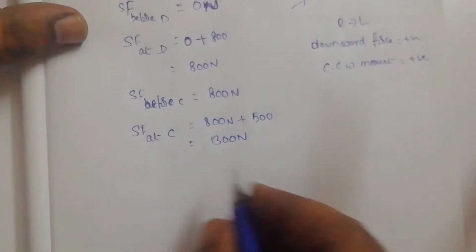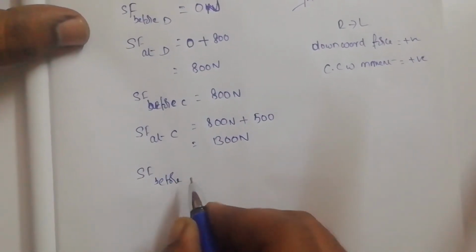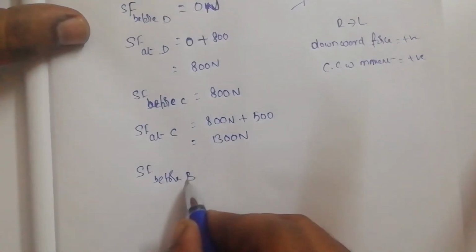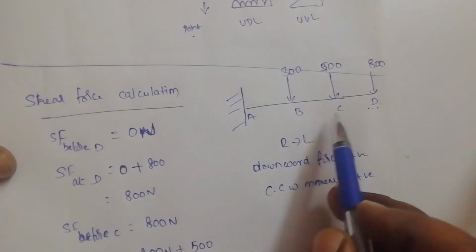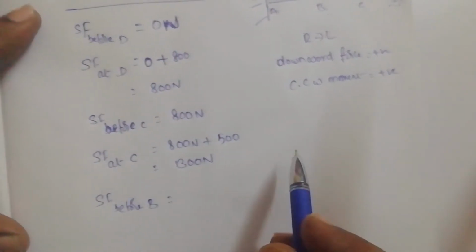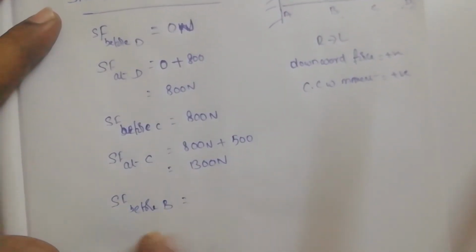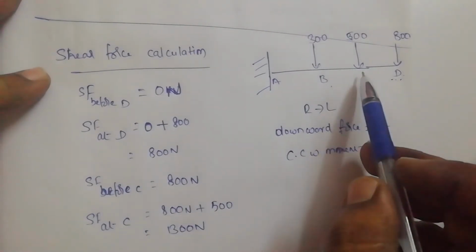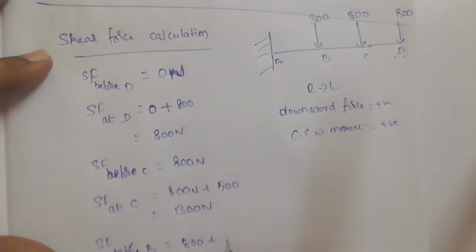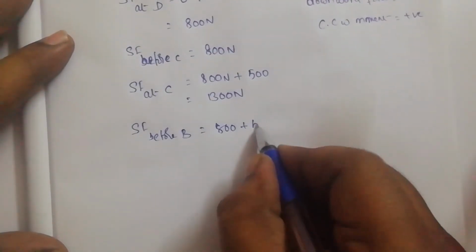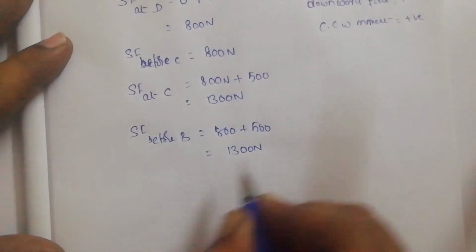Next is shear force before B. The next point is B. You can see D you have solved, C you have solved, and next you have come to point B. Shear force before B is equal to 800 plus 500, since we have two loads, C and D, which gives 1300 newtons.